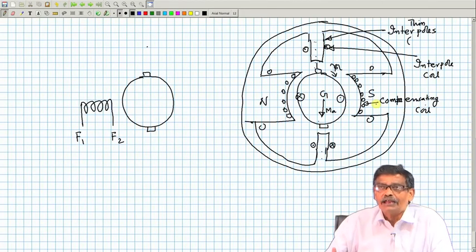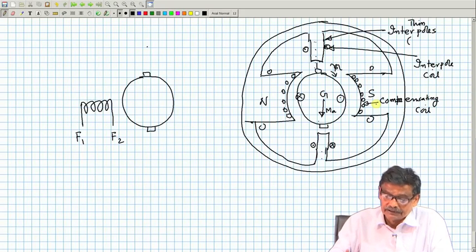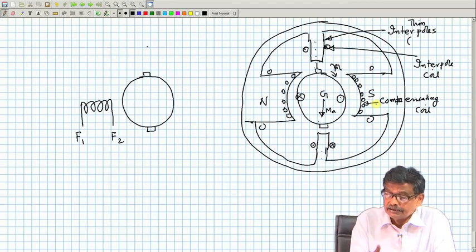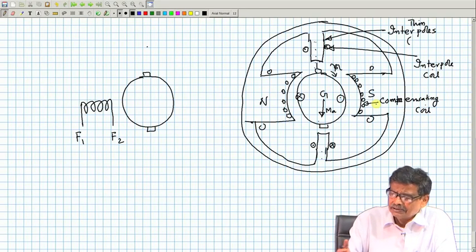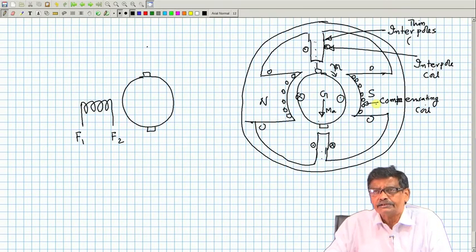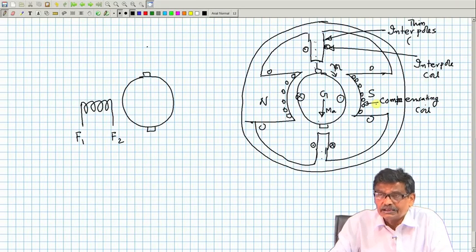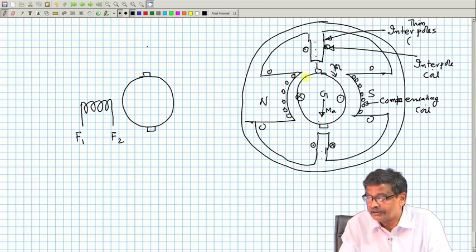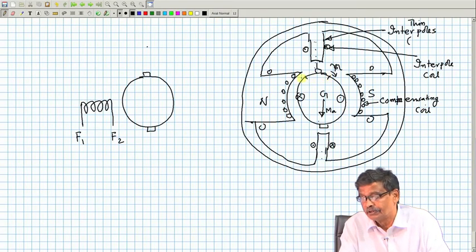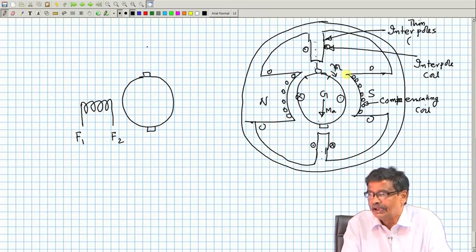I am just telling you the ideas. With the compensating coil, you get rid of the armature reaction problem for the majority of the armature conductors, but still you cannot compensate for conductors lying in this zone, because the compensating coil ends there.